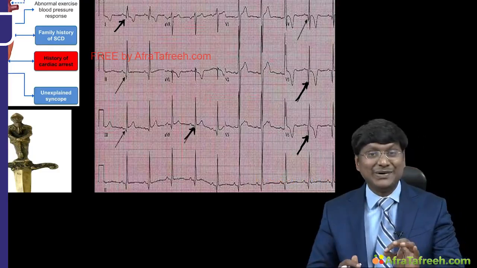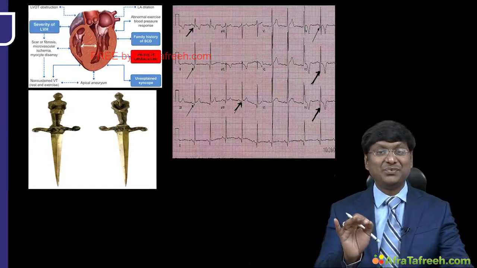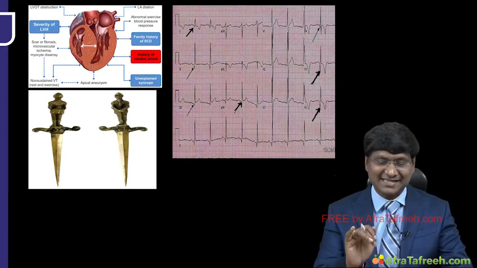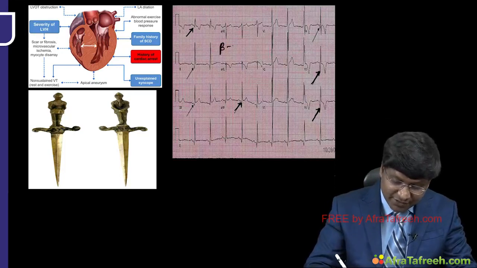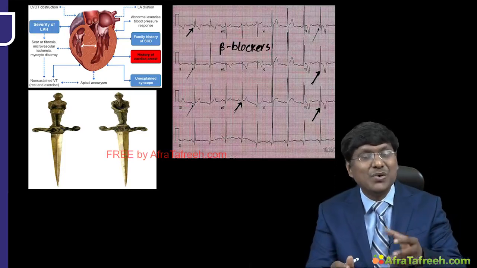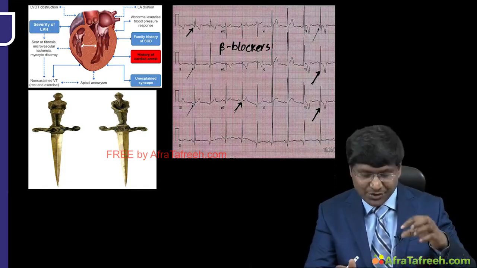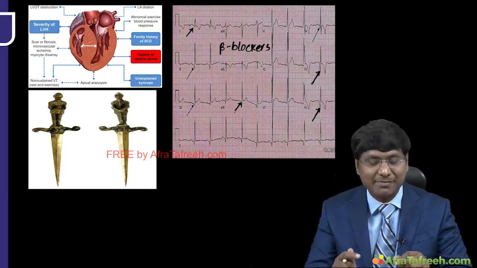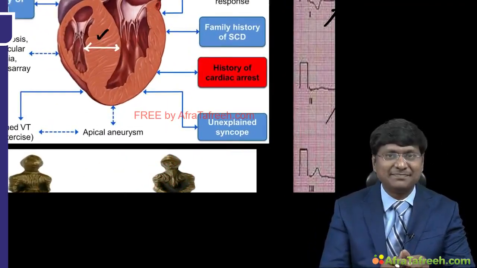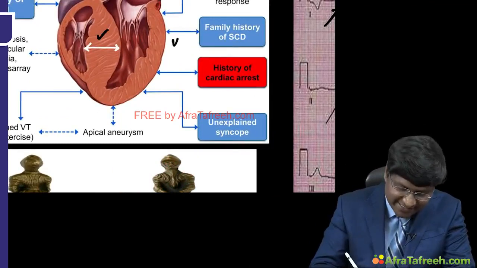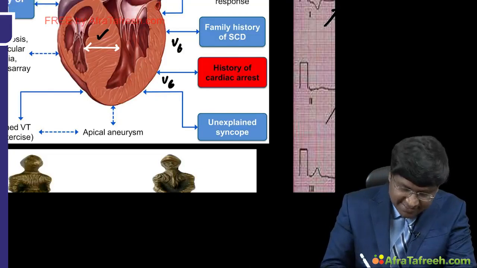Okay. Now you have to understand what is the treatment for this hypertrophic obstructive cardiomyopathy. The drug of choice for these individuals will be the beta blockers. Now why? What is the mechanism for these deep dagger shaped Q waves? Because the septum is hypertrophied. So if you take leads V5 and V6, the septal depolarization is from left to right.